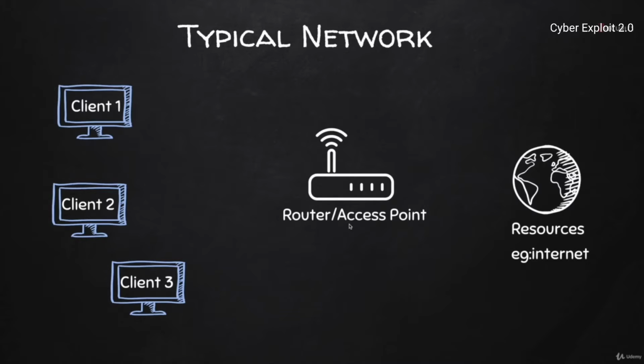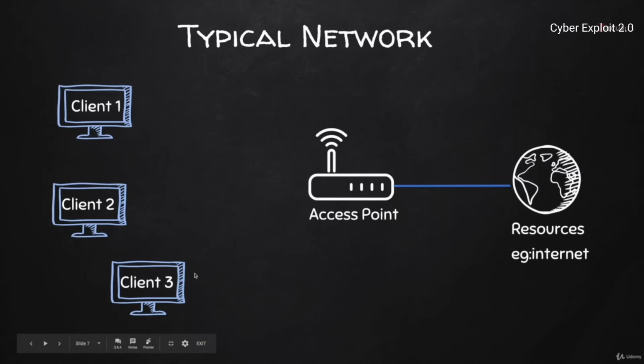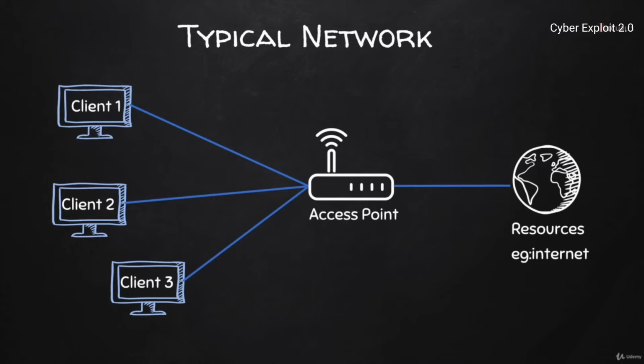This router, or server, or access point is the only device that has access to the resource. So none of these clients have direct access to the resource even after connecting to the network. The only way they can access the resource is through the access point.